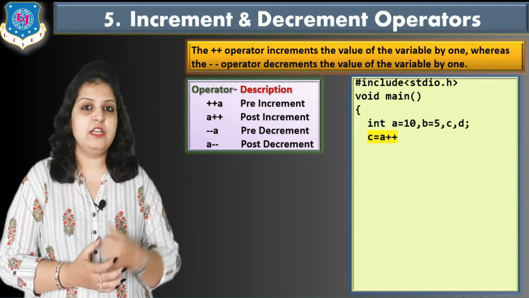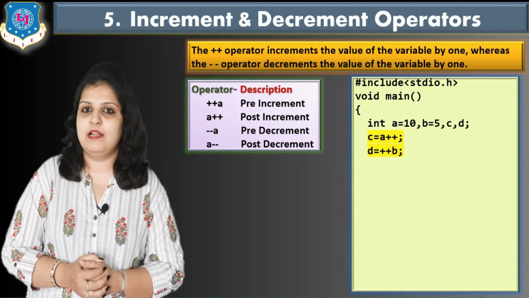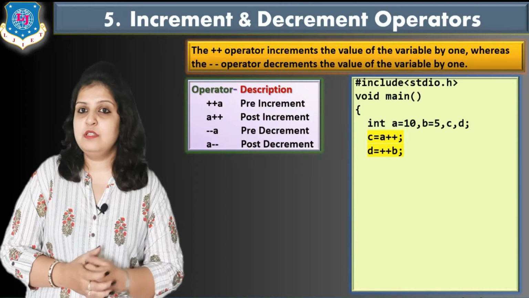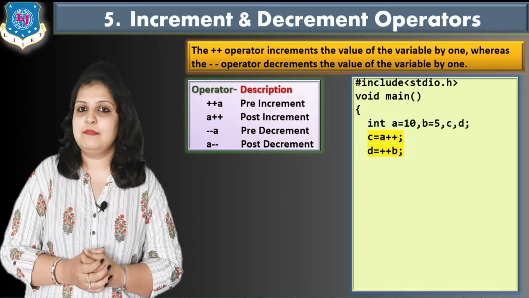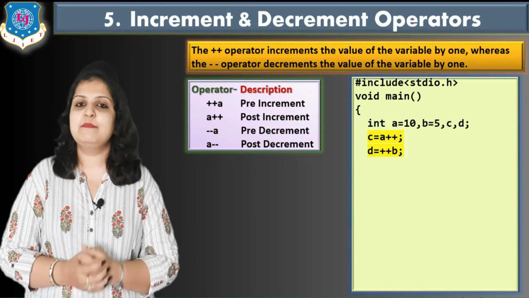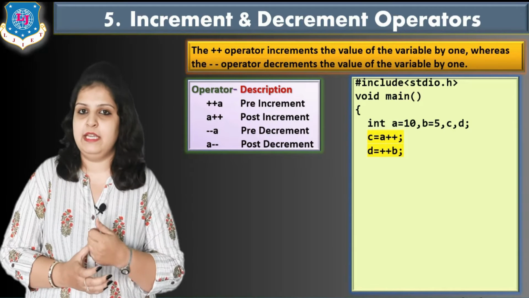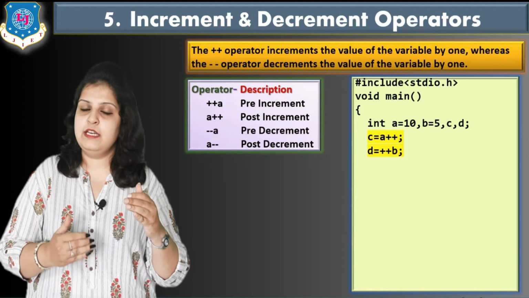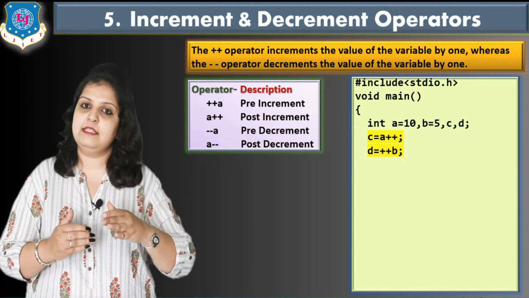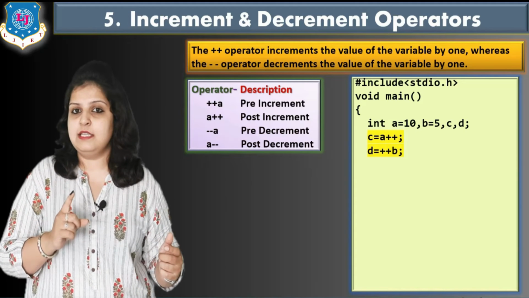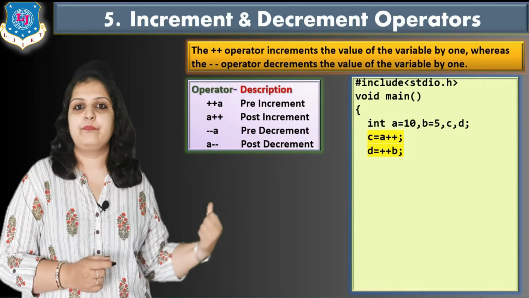Now my expression is C is equal to A plus plus and D is equal to plus plus B. Now see here, A plus plus is a post-increment and plus plus B is a pre-increment. So the values of A and B increase by 1 in both cases, either pre or post, but the difference is in the values of C and D.